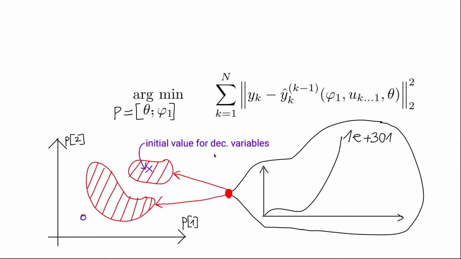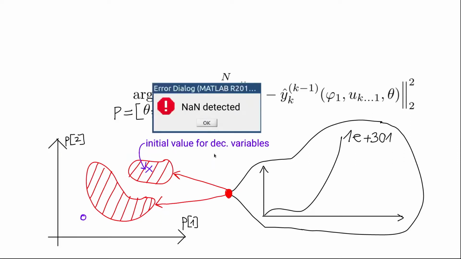And also if we start from this kind of region, then we get an error message right away. So we cannot even start the optimization, and this is the main problem that we see here.